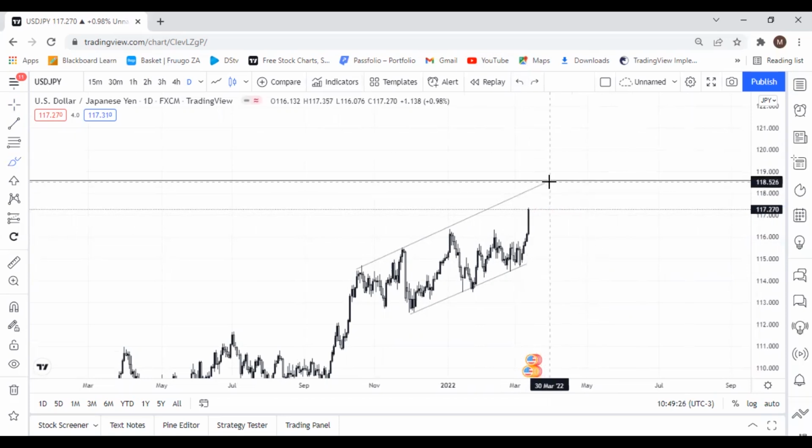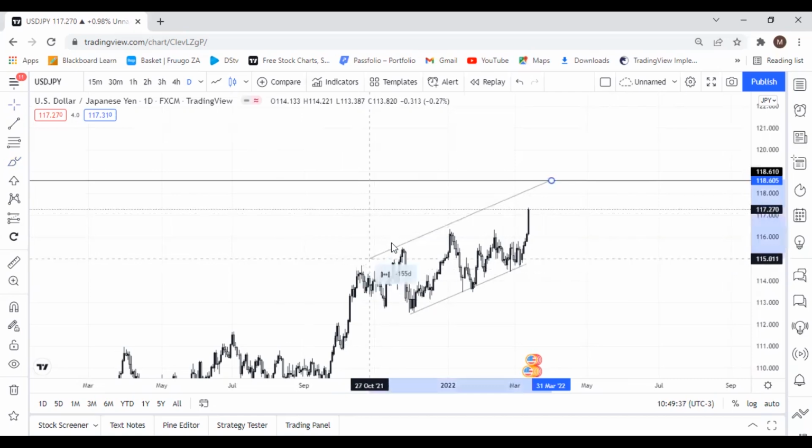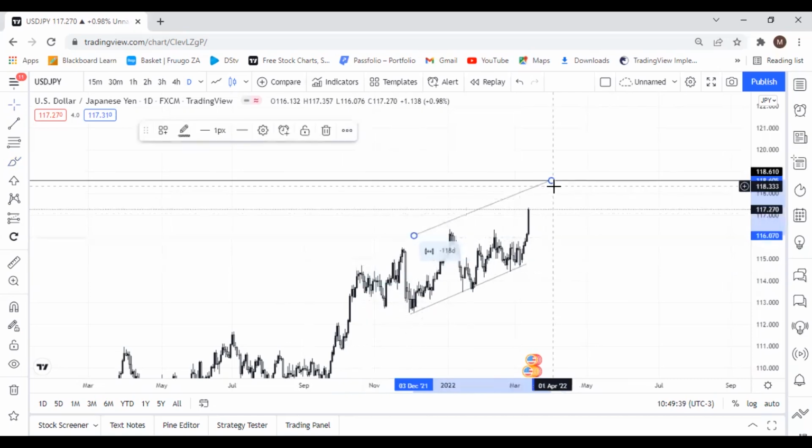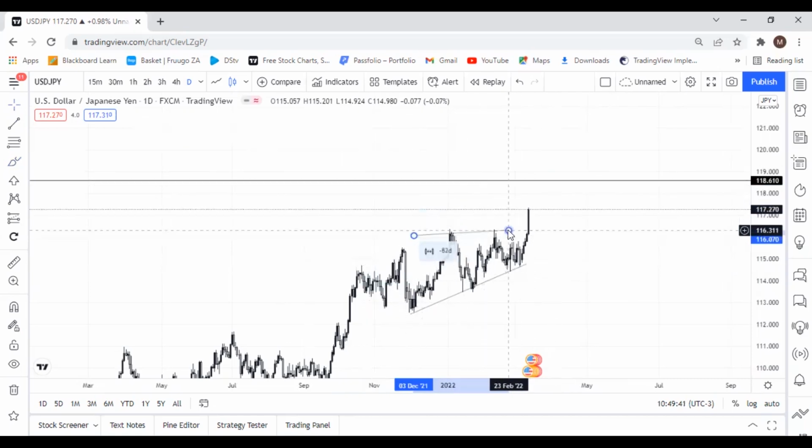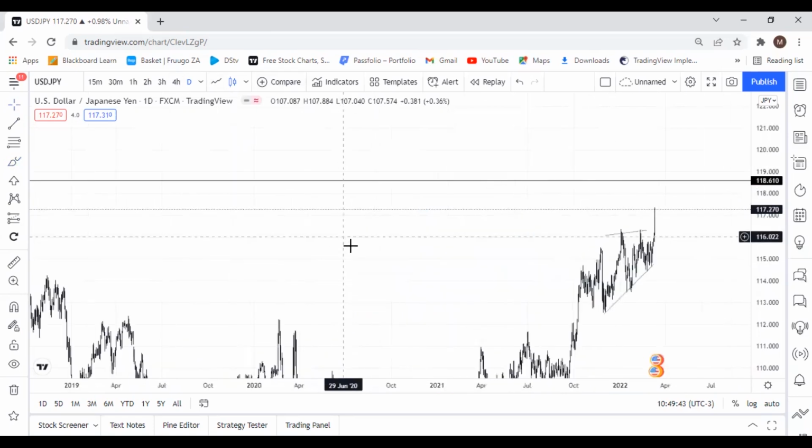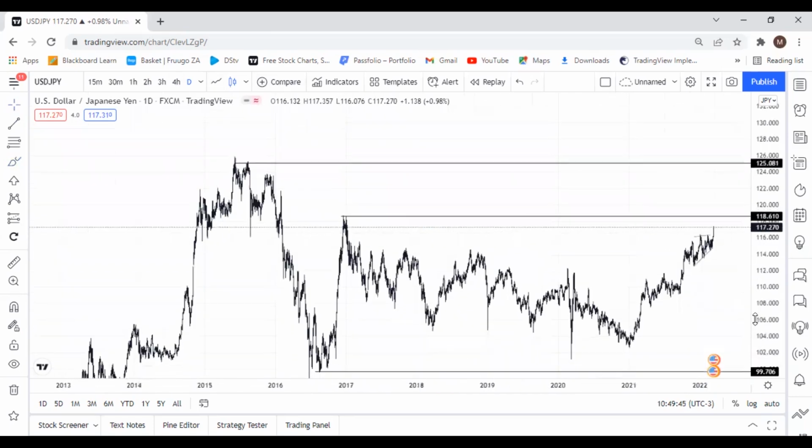But the price could really break through this point and I'll show you where the influence comes from. So I'm just gonna quickly fix this, and we're gonna look at the buy.